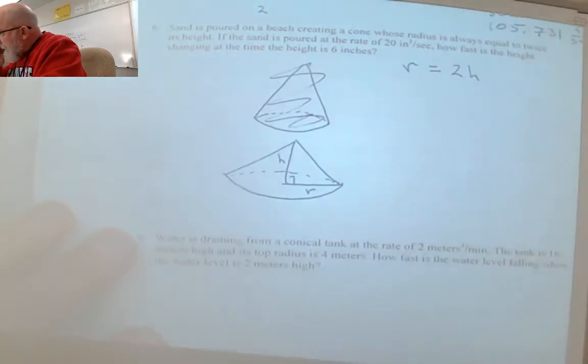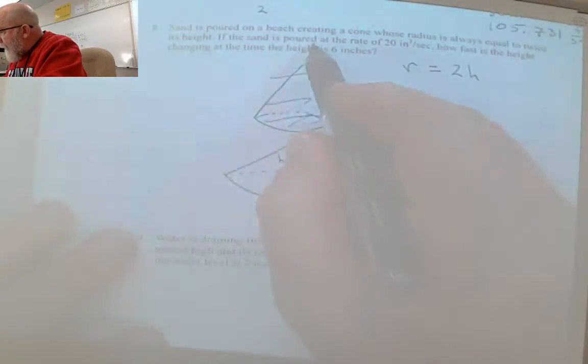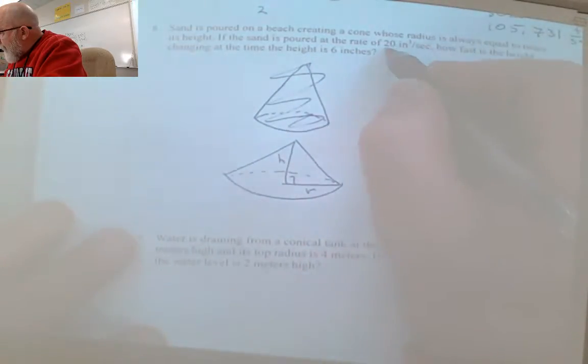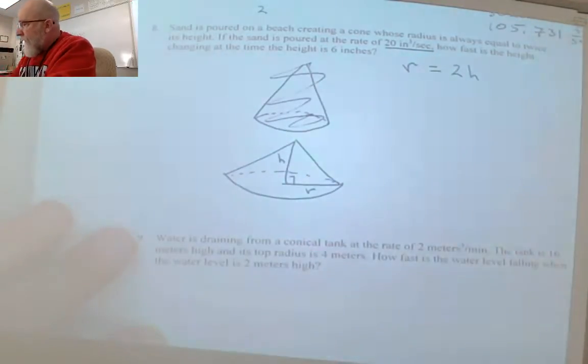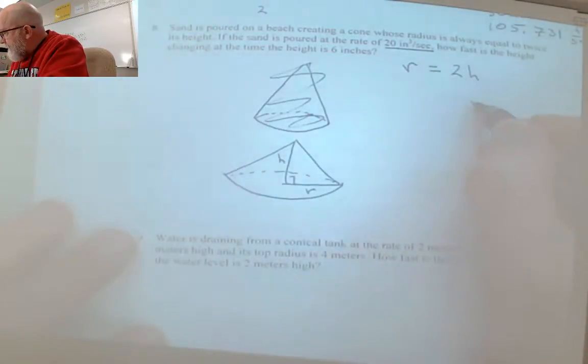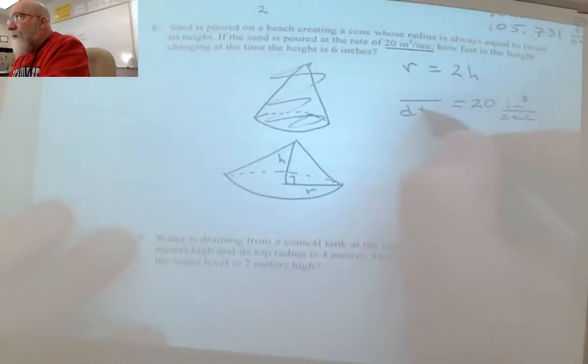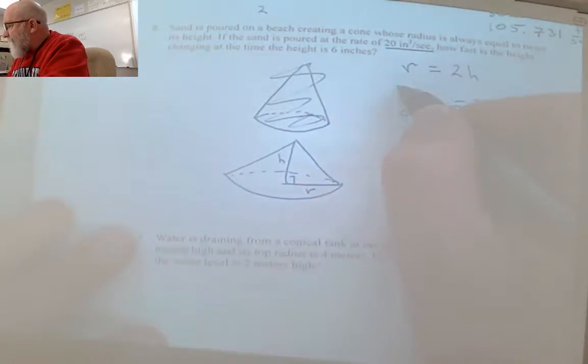Okay. It says, if the sand is pouring at a rate of 20 inches cubed per second, there's my rate. Right? Do we agree that it's going to be something like this?